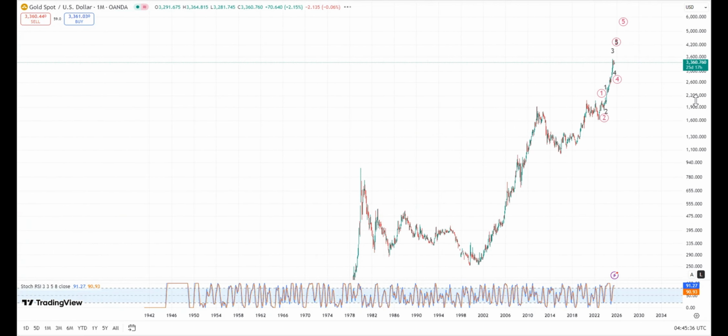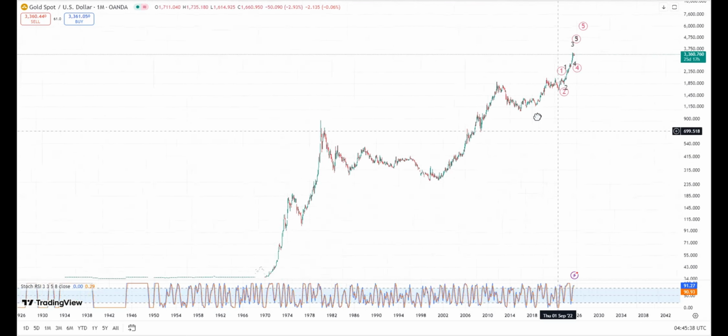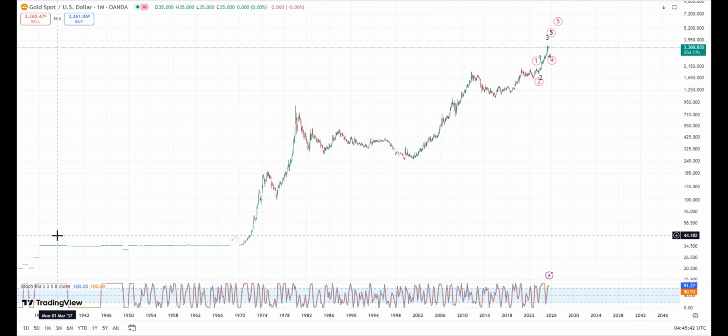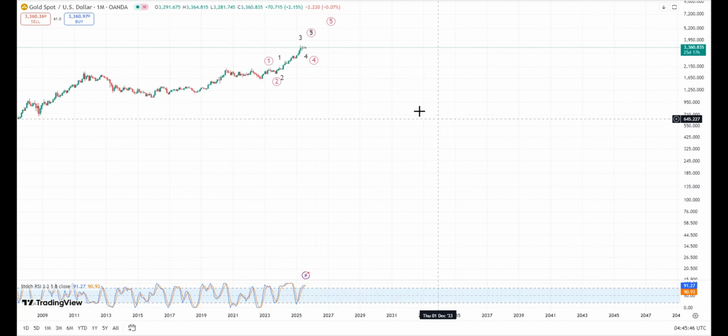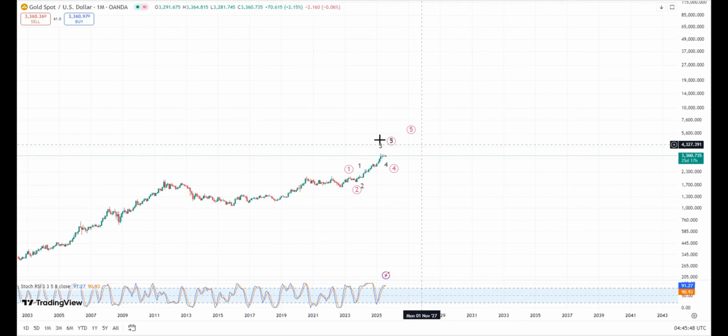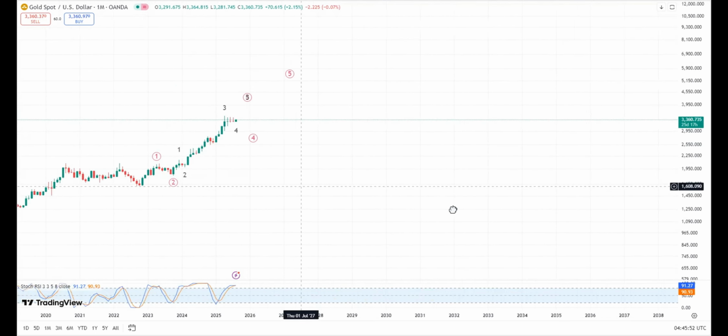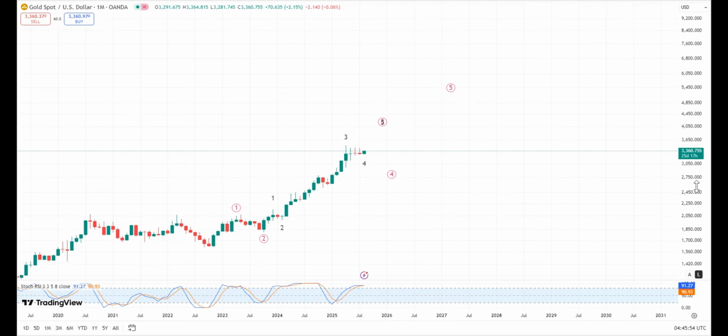Gold USD, sorry. You can see the chart as far back as 1935, but we'll be focusing on the most recent data.